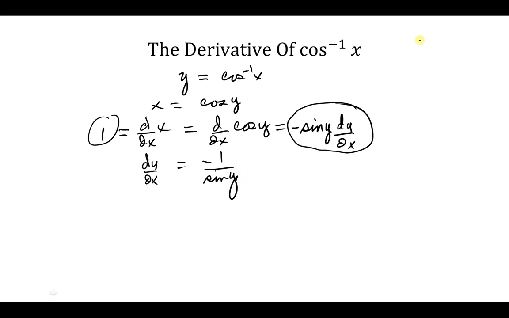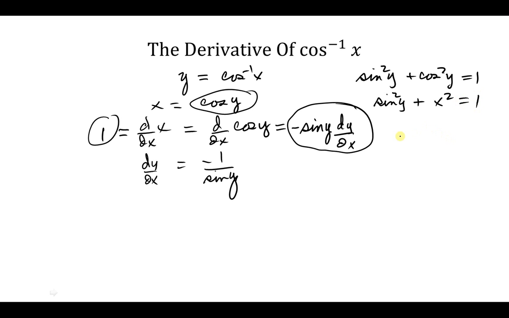And now going back and realizing that sine squared of y plus cosine squared of y equals 1. And cosine of y is x, so we have sine squared of y plus x squared equals 1. Sine squared of y equals 1 minus x squared.